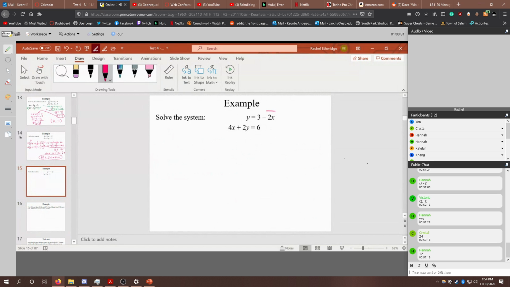In this case, this is already solved for y, so I should just substitute. You don't always have to use one method or another. You can pick the easy method, and substitution to me is easier this time because it's already in the form y equals, so I'll just substitute for y.